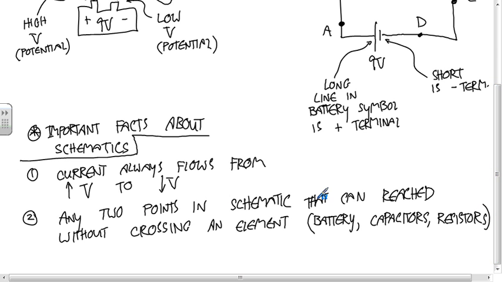So any 2 points in the schematic that can be reached without crossing an element have the same electric potential.